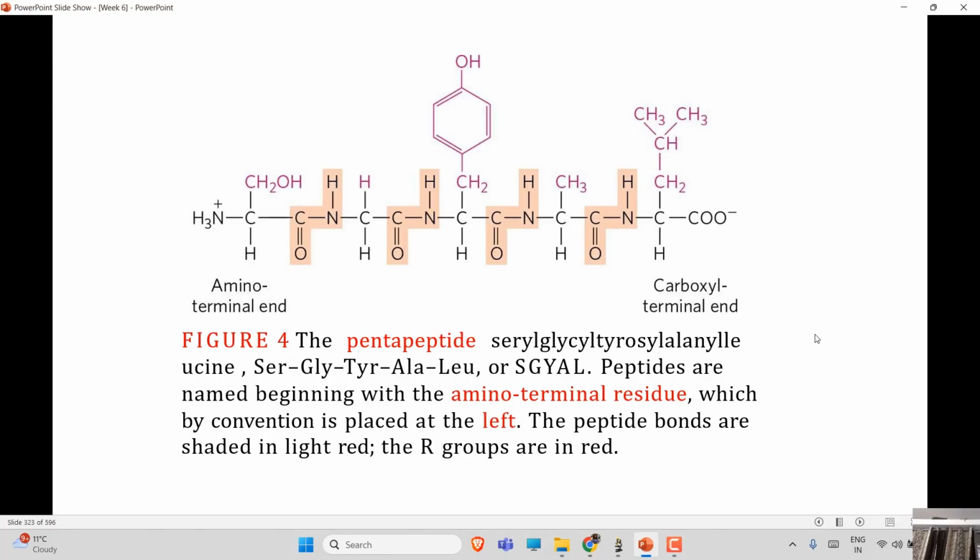If you see this figure, the pentapeptide here, peptides are named beginning with the amino terminal residue, which by convention is placed at the left, and the peptide bonds are shaded in light red and the R groups in red.